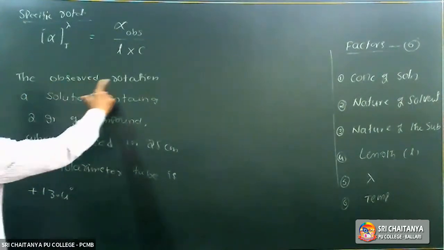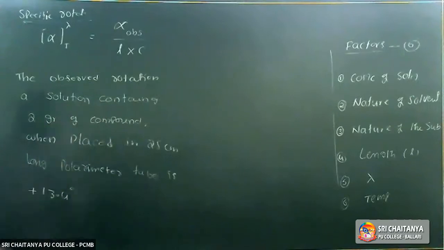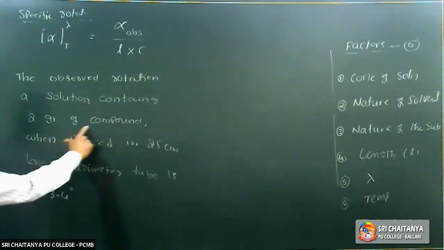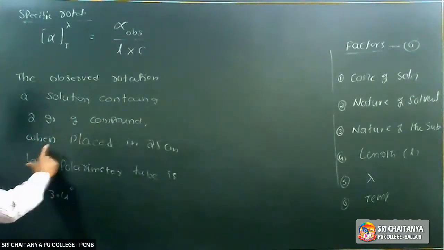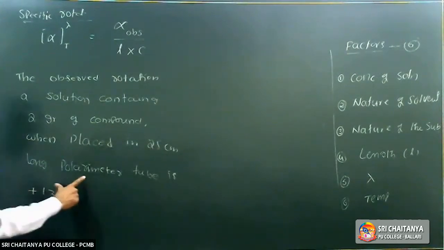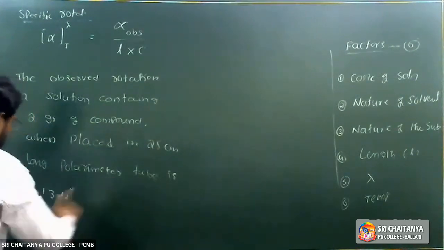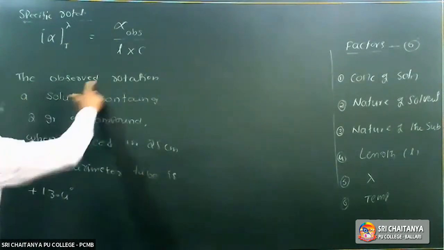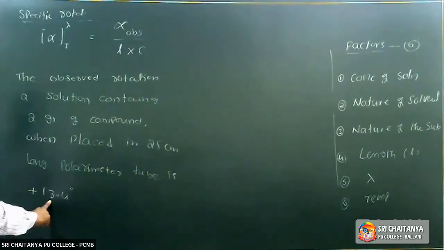So the observed rotation of a solution containing 2 grams of compound, when placed in a 25 centimeter long polarimeter tube, is plus 13.4.